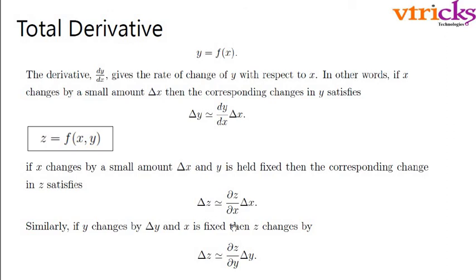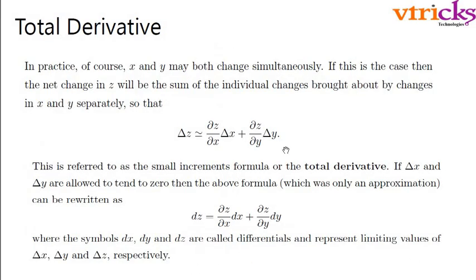This is the change in z because of the change in x. This is the change in z because of the change in y. So we add these two expressions together, and this represents the total change in z when you have a change in x and a change in y. So this is represented as the small increments formula, or we call it the total derivative of z.